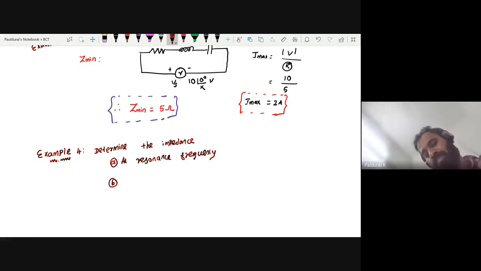Second one, 10 hertz below resonance frequency. Third one, 10 hertz above resonance frequency.